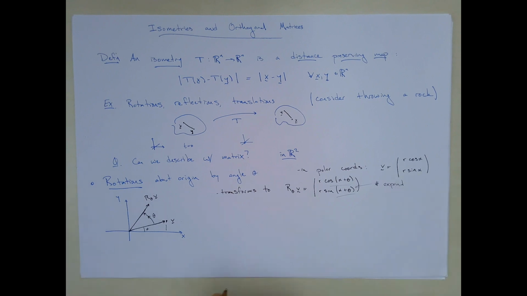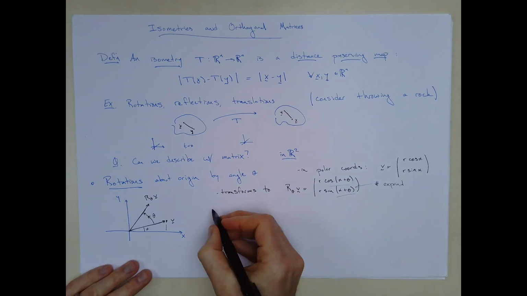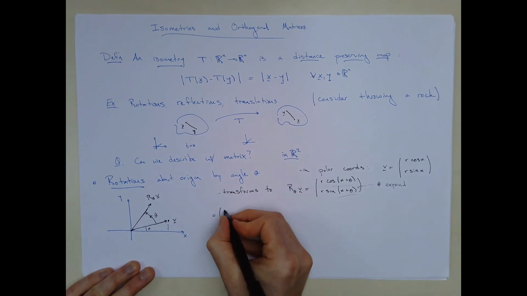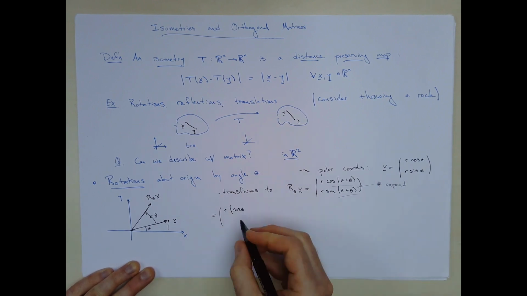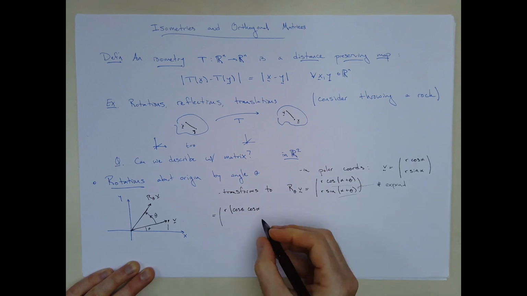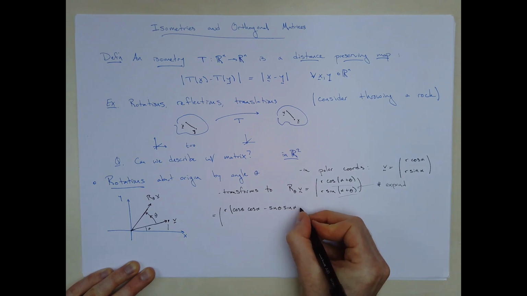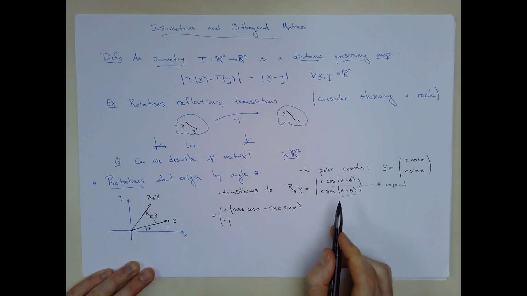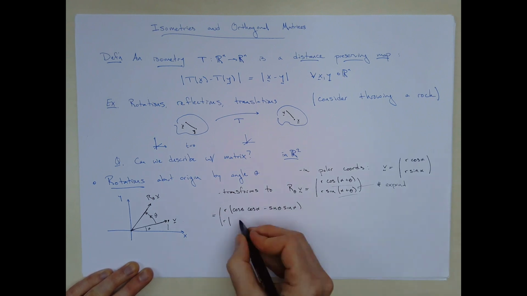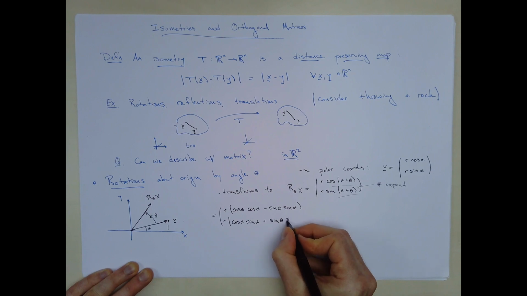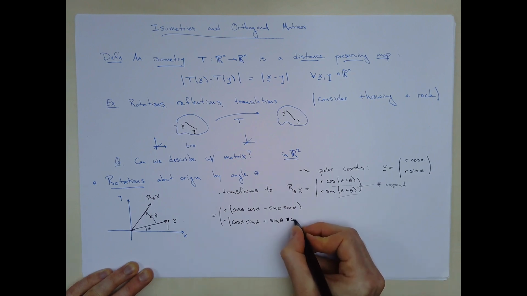This is the cosine and sine of a sum, and doing that, you can write this as r cosine theta cosine alpha minus sine theta sine alpha, and sine of a sum expands as cosine theta sine alpha plus sine theta cosine alpha.